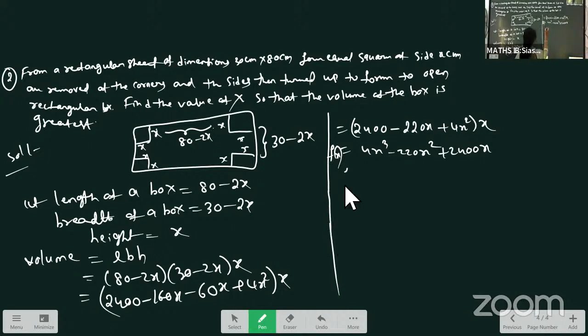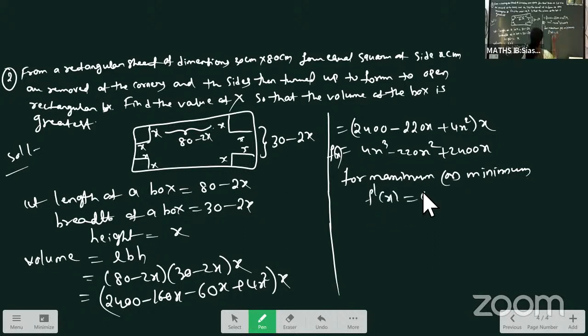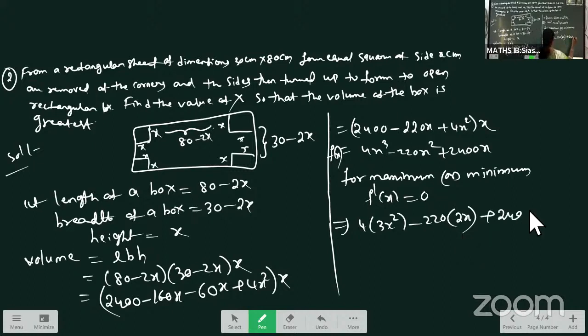Now for maximum or minimum, what do we have to do? f dash of x is equal to 0. What is f dash of x? 4 into x cube derivative 3x square, minus 220 into x square derivative 2x, plus 2400 into x derivative 1, is equal to 0.